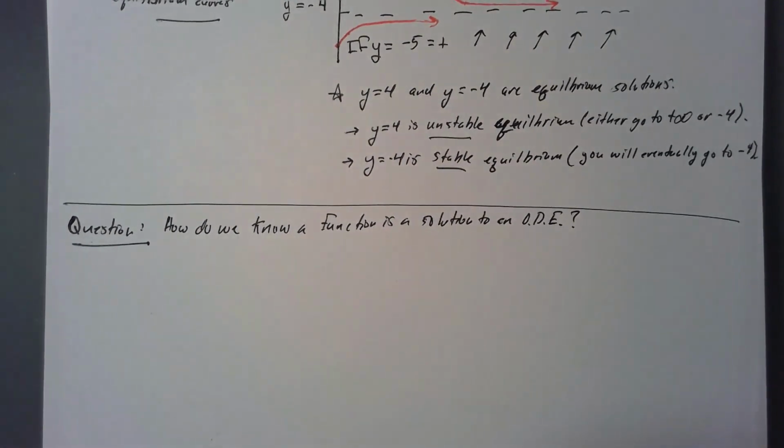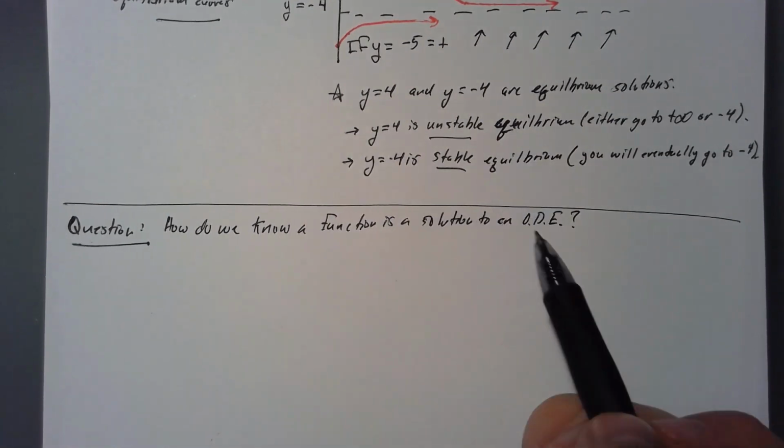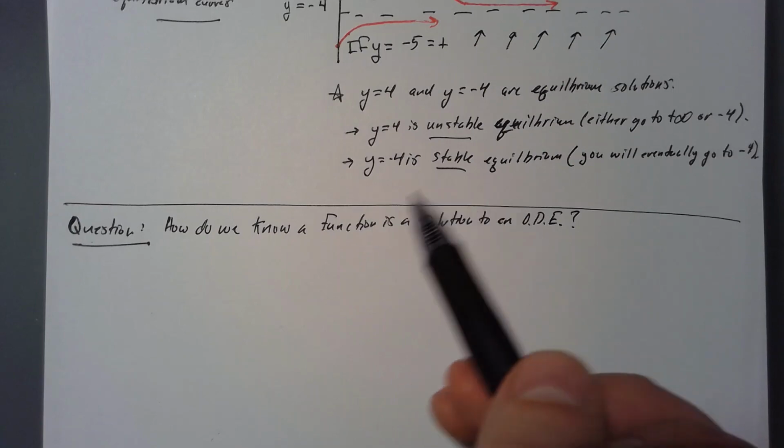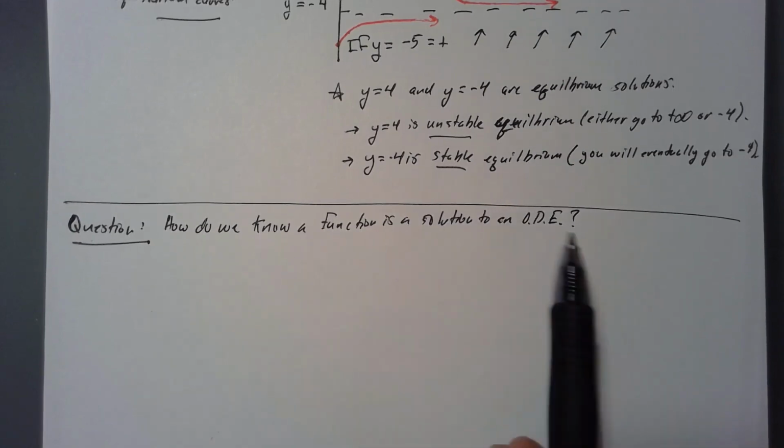So remember, the solution to an ODE is a function. The solution to a function is a number. I've said that several times. So how do we know a function is a solution to an ODE?